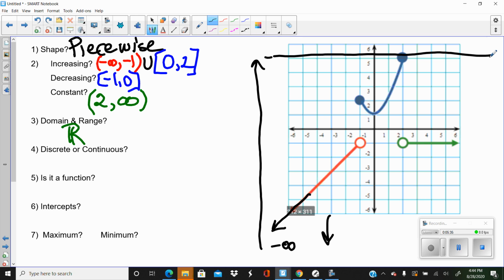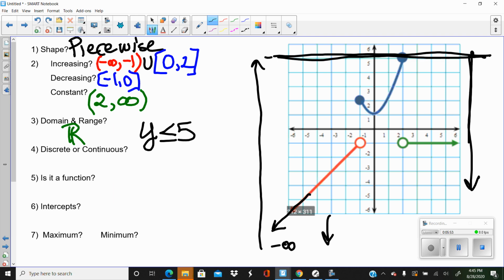Or we can think of it as it starts at 5 and goes down forever and ever. This range is usually the easiest to see. Our y values are less than or equal to 5. That is inequality notation. It starts at 5 and goes down from there.